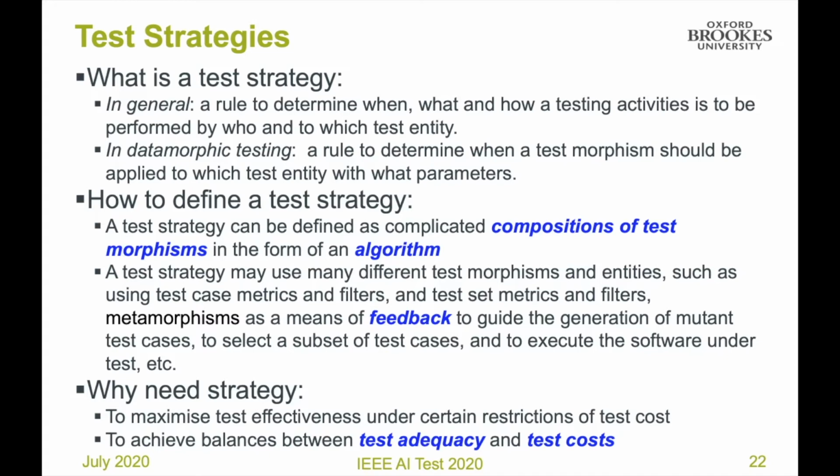So we can see the test strategies can be defined in the form of an algorithm which describes the composition of test morphisms in a complicated way. These kinds of strategies are very useful to maximize the test effectiveness under certain restrictions of test cost and to achieve balance between test adequacy and test cost.